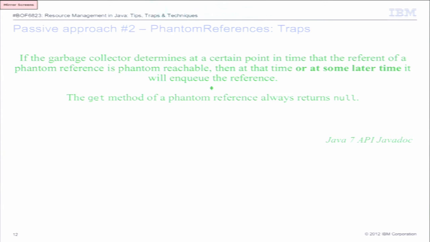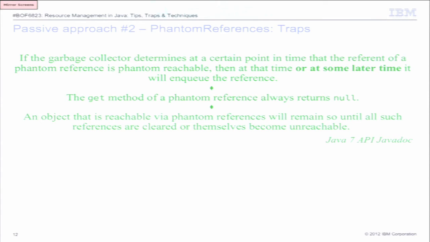The implication of that is that anything that you want to do as part of processing this stale reference, any information that you need, you have to store upon the reference object itself and not upon the resource object. So we'll see that when we get to the code example.